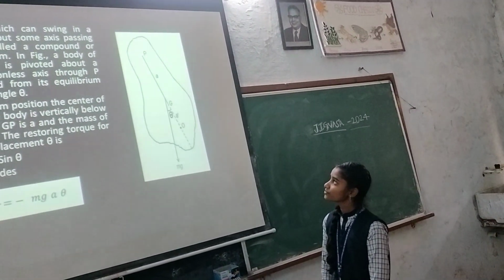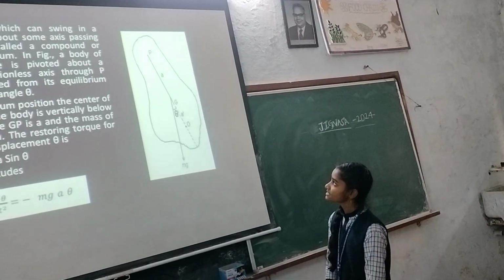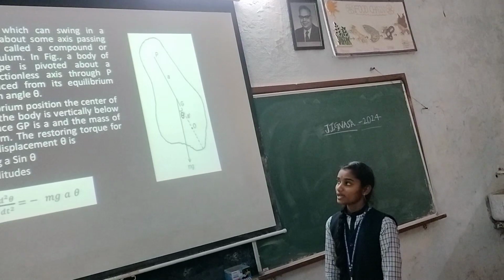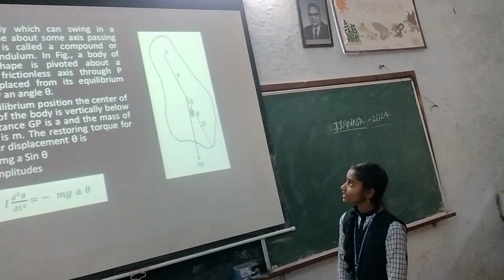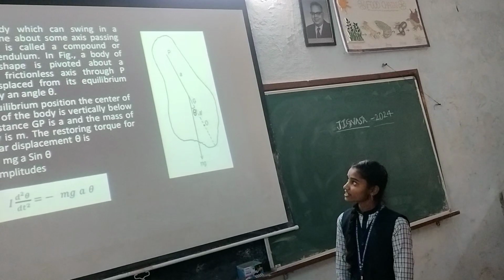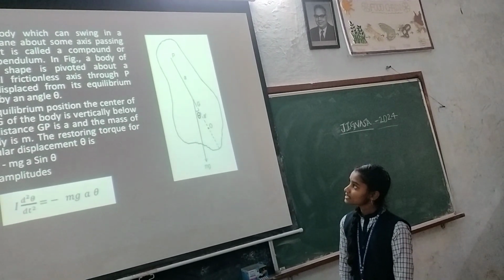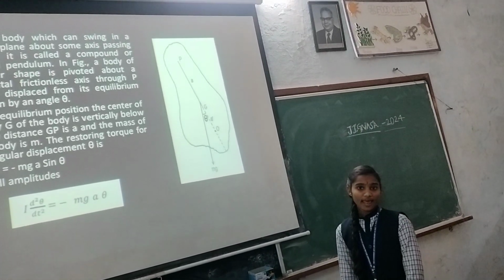A rigid body which can swing in a vertical plane about some axis passing through it is called a compound or physical pendulum. In the figure, a body of irregular shape is pivoted about a horizontal frictionless axis through P and displaced from its equilibrium position by angle theta.